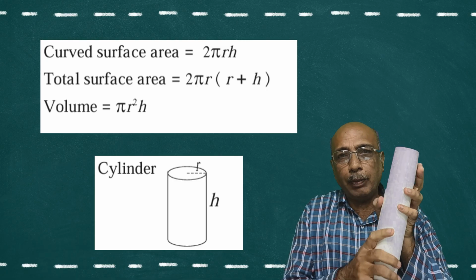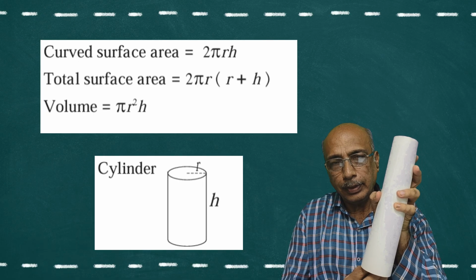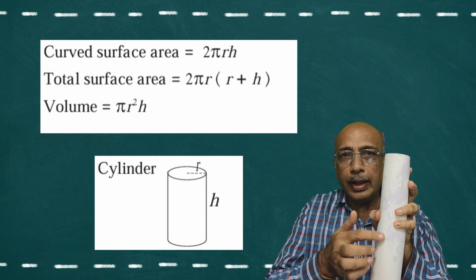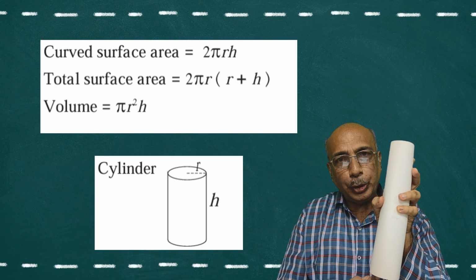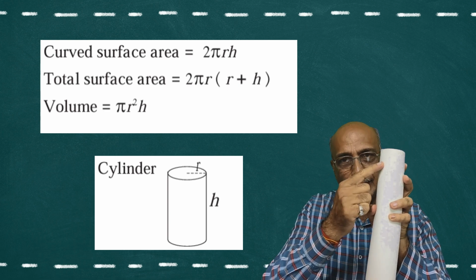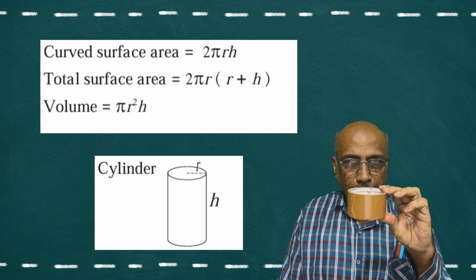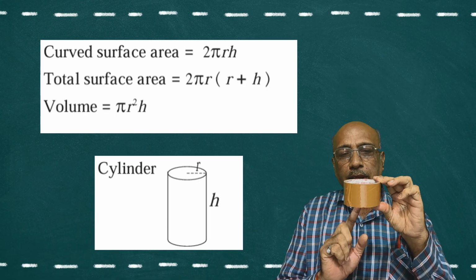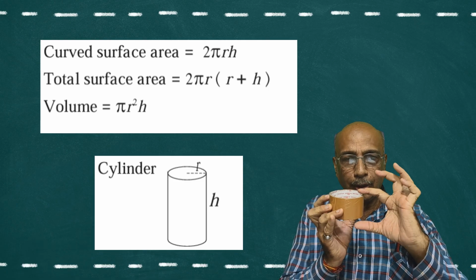The breadth will be converted into the circular region and length will be converted into height. So breadth will be 2 pi r and h will be its length. This is the cylinder. Got it clear? So this circular region will be 2 pi r, height will be this.